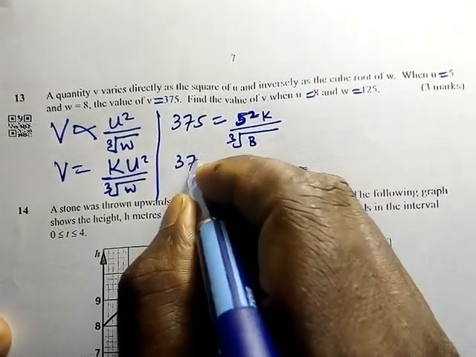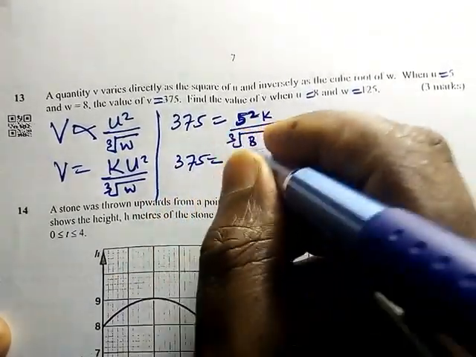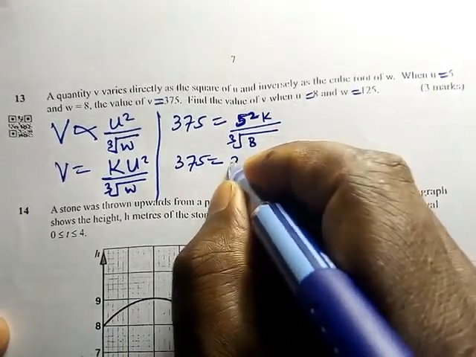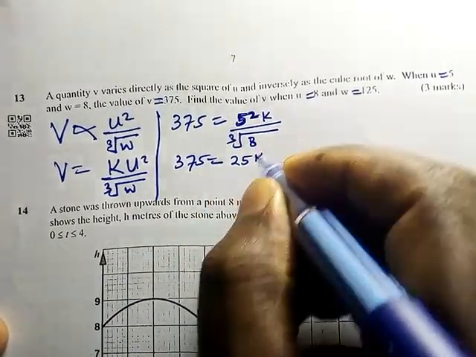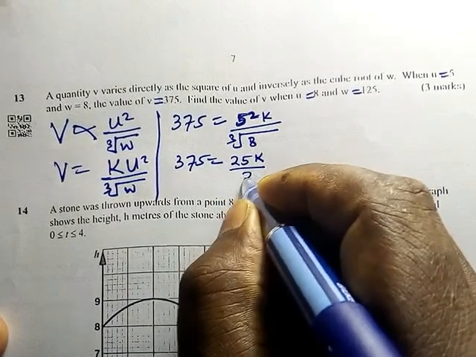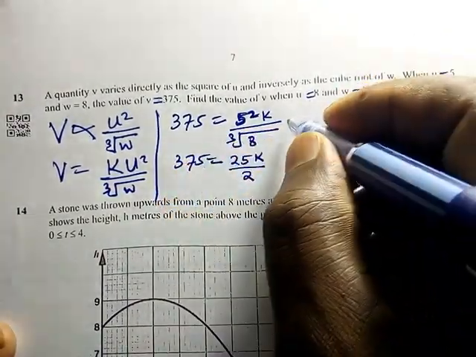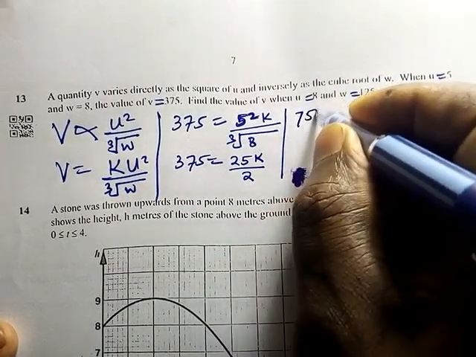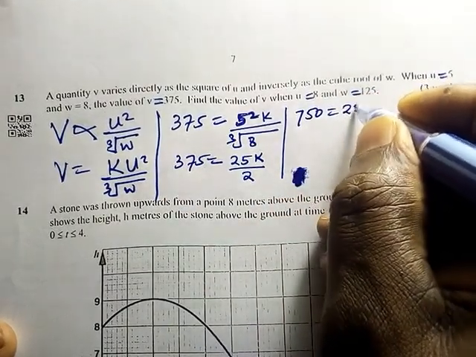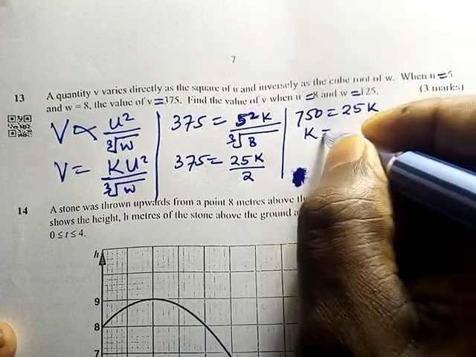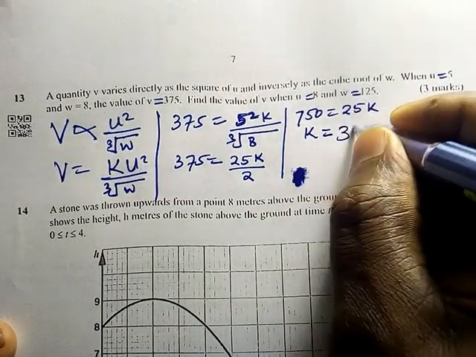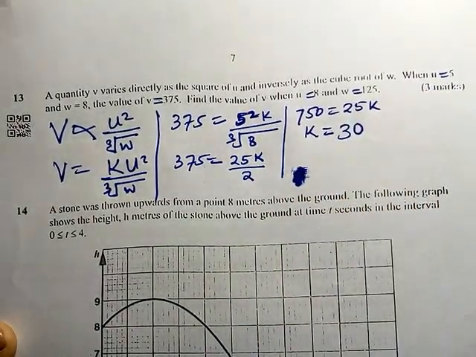So 375 is equal to 25k divided by 2. Multiplying both sides by 2, we have 750 is equal to 25k, and the value of k is equal to 30.